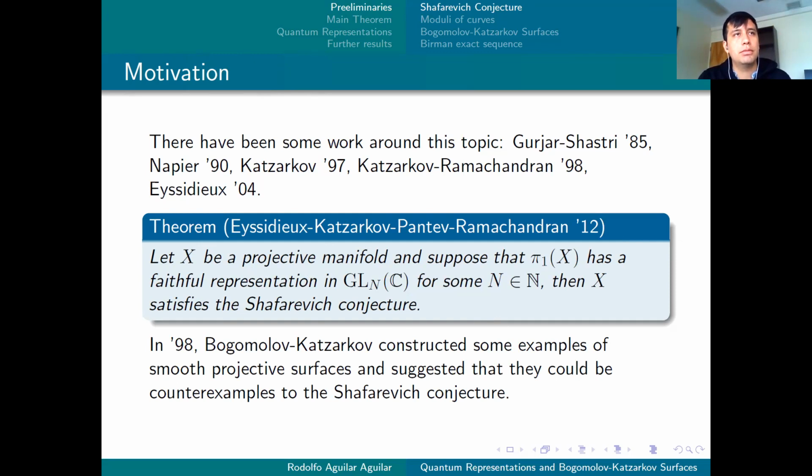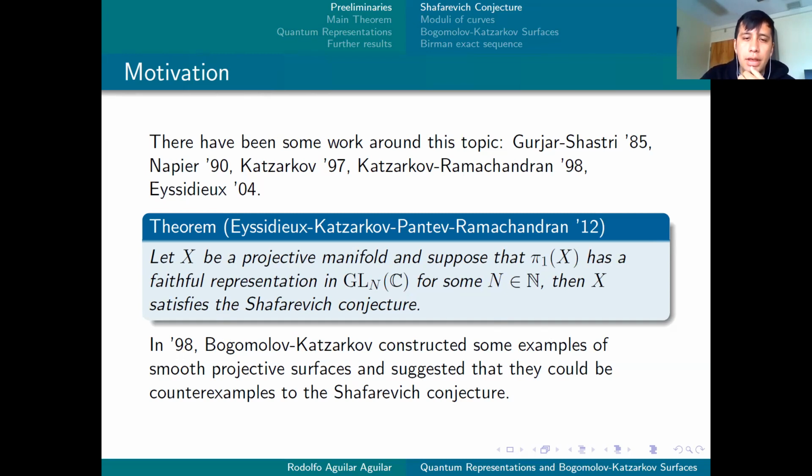Maybe the most famous are non-residually finite, whatever that means, but there exist. So in the late 90s, Bogomolov and Katzarkov constructed some examples of smooth projective surfaces, and they suggested that these surfaces could be counterexamples to the Shafarevich conjecture.